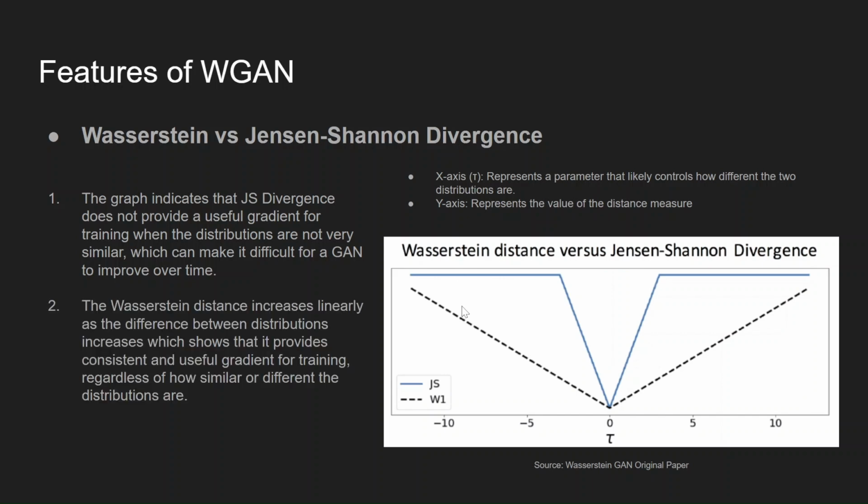On the other hand, the black line represents the Wasserstein distance, and it increases linearly as the difference between two distributions increases, which shows that it provides consistent and useful gradients for training regardless of how similar or different the distributions are. So that's why the Wasserstein loss function, or earth mover loss function, is far better than Jensen Shannon or Kullback divergence loss function.